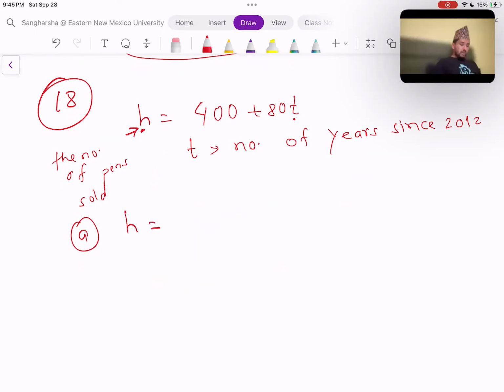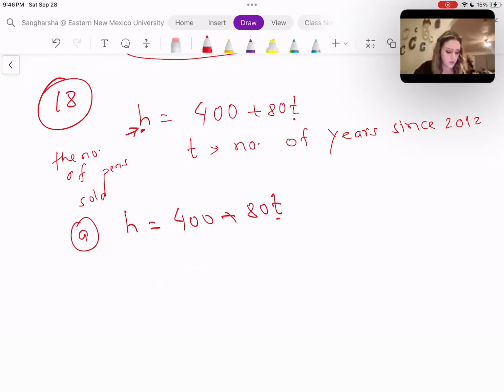Okay, so let me write the equation. Now, if you need to find H, you need to know T. Now, what is T? Our T is the number of years since 2012. Okay, so that's how they define T. Now, we need to know the number of pens sold in 2015. What will be T for 2015? 3.